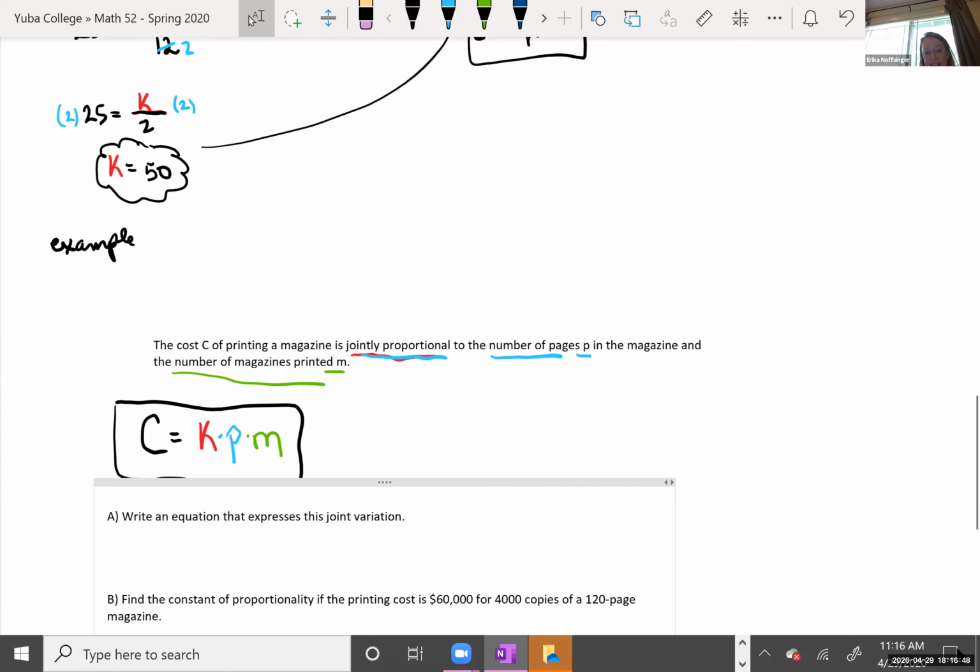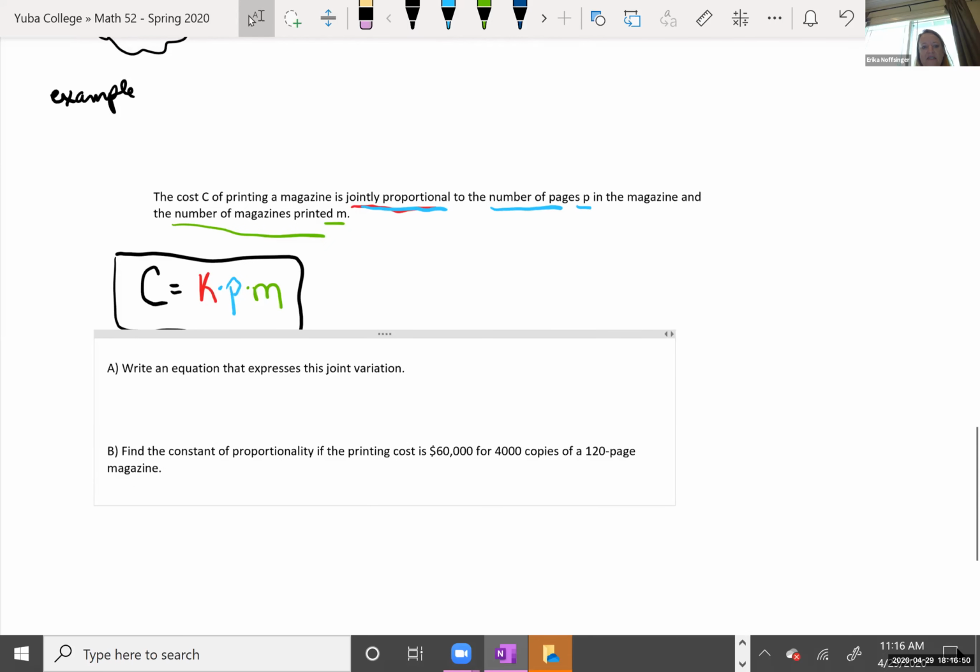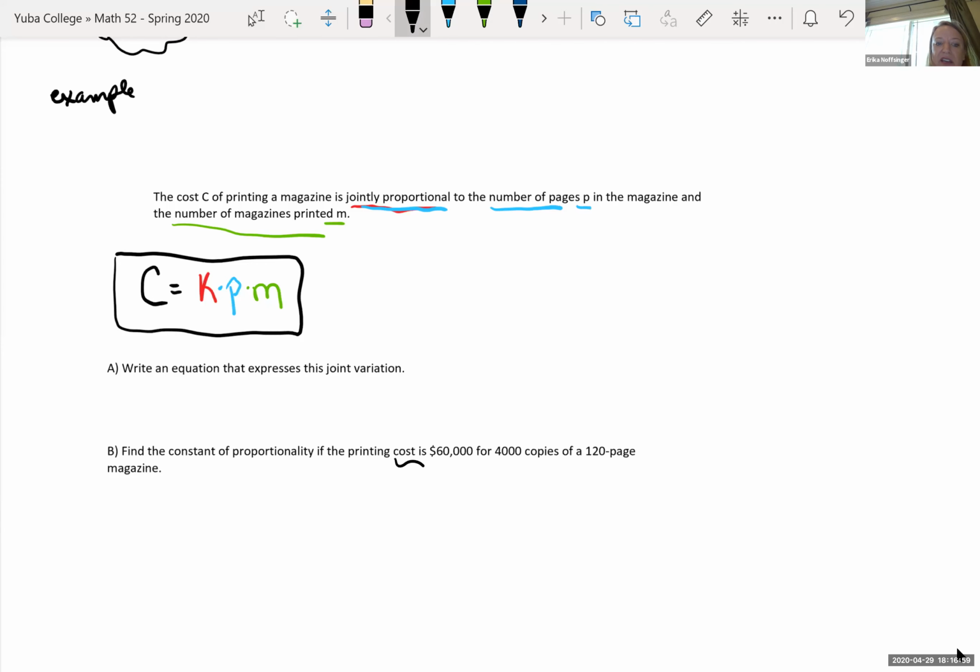Okay, so basically it gave us, like I told you, enough information to find K. It tells us what our variables are. It tells us the cost is $60,000. So we have our generic equation here, which is C. So C is 60,000. So 60,000 equals, K is what we're trying to find, so write K times the number of pages.